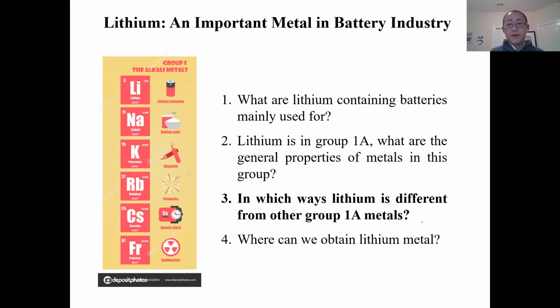And of course, we know that lithium metal is on the very left side of the periodic table. It is in the first group of our periodic table, and we call those metals alkali metals. And those metals are all very active. So they're perfect metals for batteries, right? Because they lose electrons easily because of their first group.